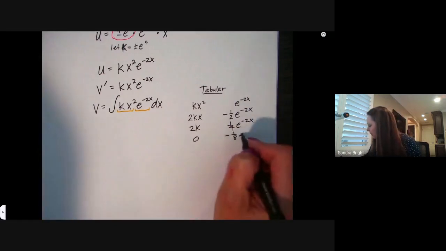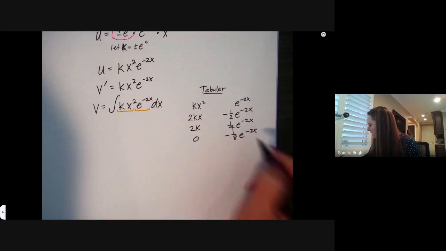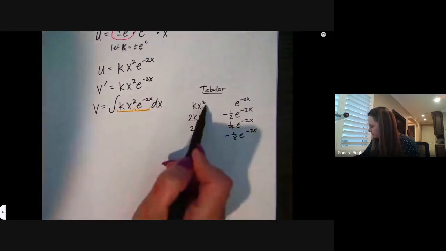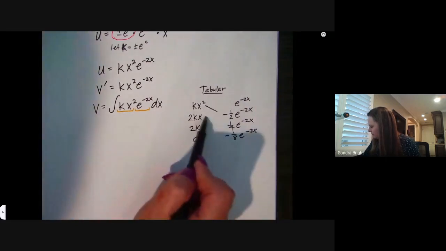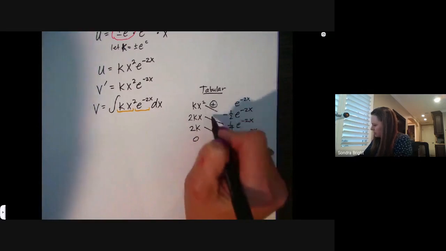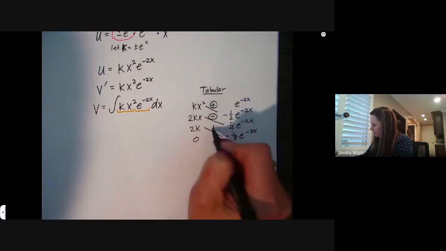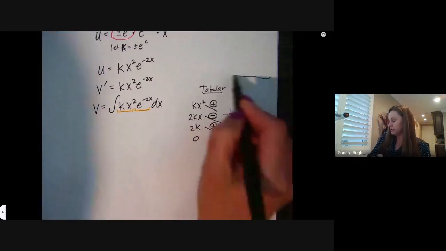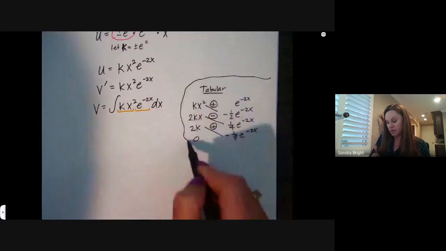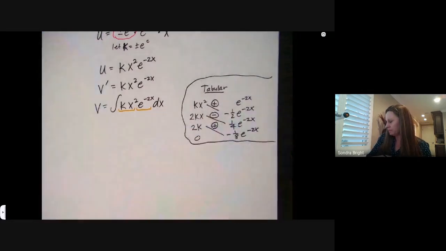And you remember we go plus, minus, plus. You certainly could do integration by parts using, what did we call it, ultraviolet voodoo, the uv minus the integral of v du. But tabular is much faster.